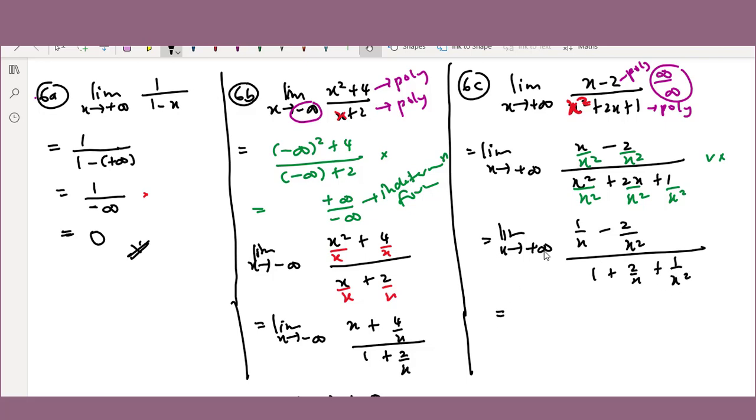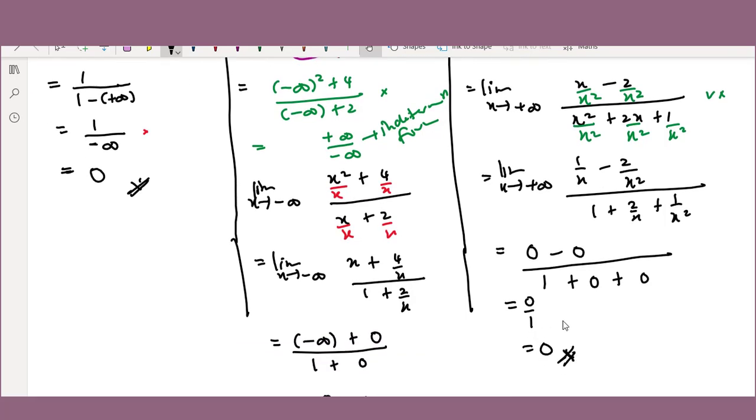Then substitute 1 over infinity. Okay, 1 over infinity is equal to 0. Just write 0, no need to show 1 over infinity. Minus 0. 2 over infinity is also 0. Over 1 plus 2 over infinity, 0. 1 over infinity squared is also 0, and 0 over 1 is equal to 0.